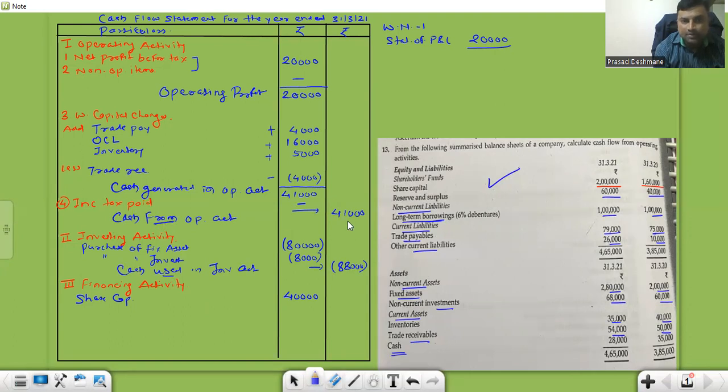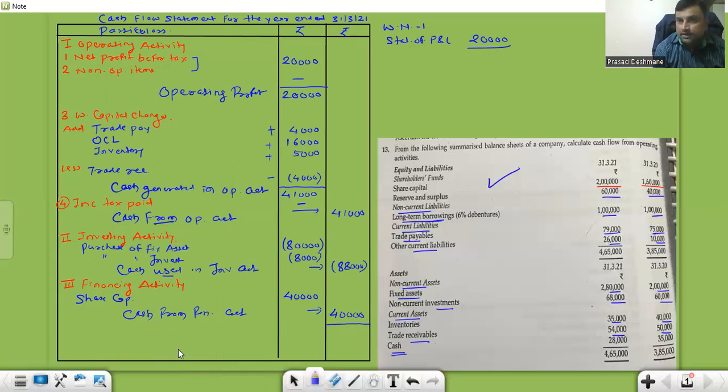Because operating is a positive answer and investing is a negative answer. So if it is positive, we use from, and if it is negative, we write used. Financing activity, we close 40,000. There's only one thing. Financing activity total. This is from, because the answer is positive. Clear?